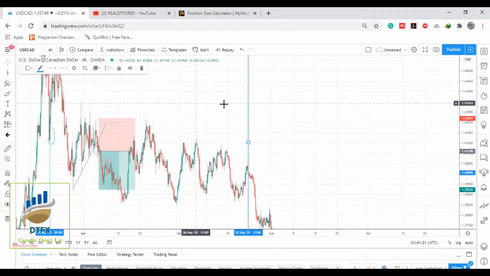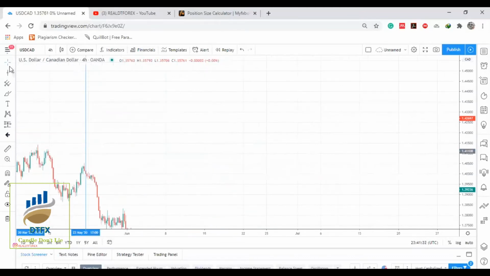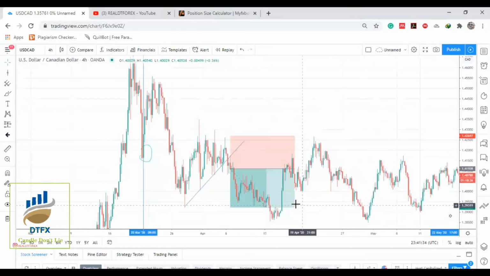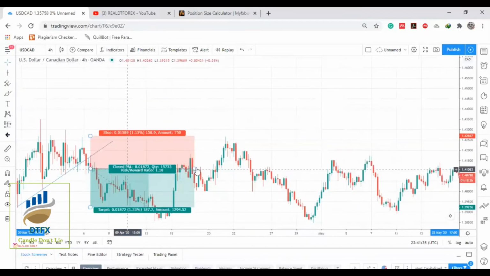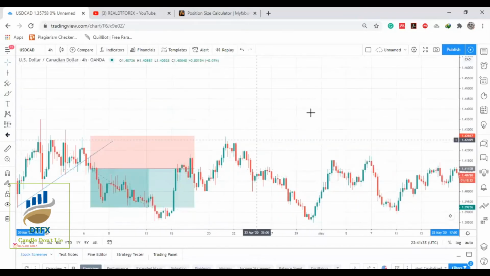All of them are winning trades, and the minimum risk to reward is 1 to 3. For this trade now, the first trade we took is a winning trade, but it's 1 to 1.